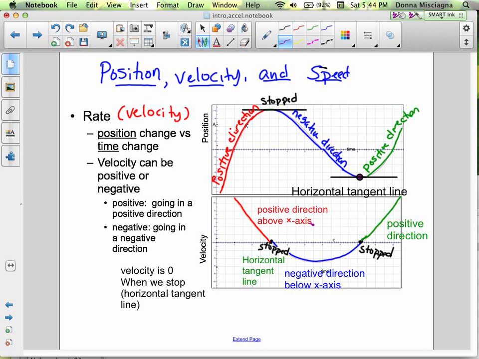So if you just flip up that section of the velocity curve that is below the x-axis, you would have speed. I'll just kind of graph it next to it in purple just so you can see both things. Technically it's overlapping, but this would be speed. And speed is the absolute value of velocity.